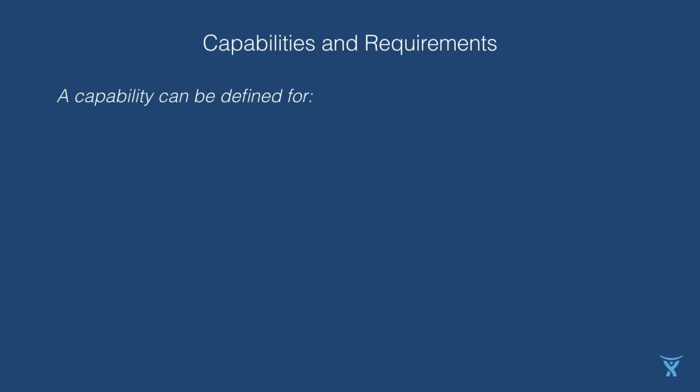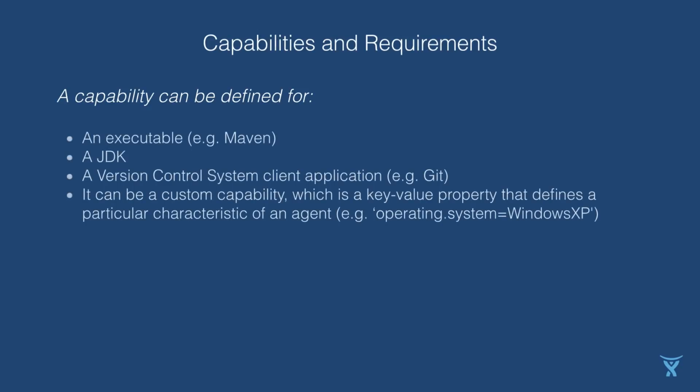A capability can be defined for an executable, for example Maven, a JDK, a version control system client application, for example Git, or it can be a custom capability, which is a key value property that defines a particular characteristic of an agent. For example, operating system, Windows XP.